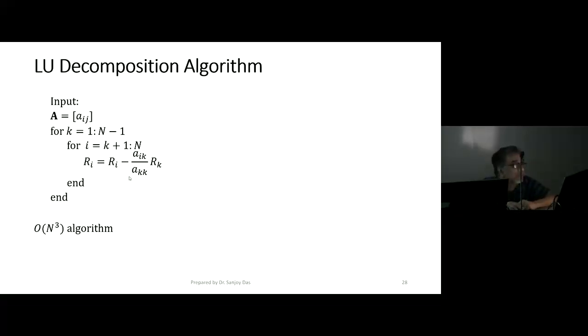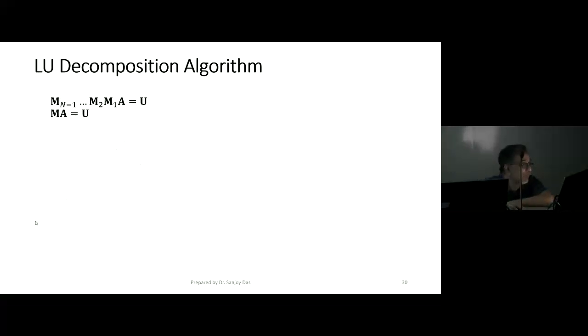Okay, and this whole thing is equivalent to pre-multiplying A with this sequence of matrices. N minus 1 steps here, k goes from 1 through n minus 1, and so I'm pre-multiplying it with M1, then M2, all the way to M_{n-1}. And each of these matrices, M1 through M_{n-1}, are lower triangular matrices. And after this sequence of operations, A becomes upper triangular.